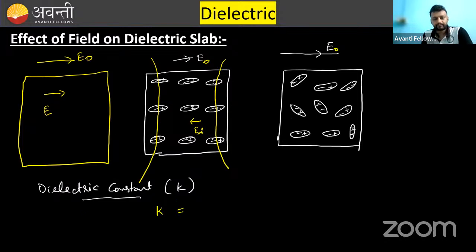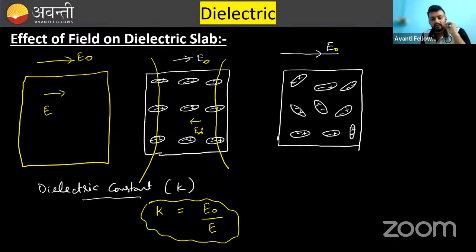K is the original field divided by the reduced value of field. E is the reduced value of field. E naught is the original field. So this ratio is called dielectric constant. Clear? I think it's clear now.